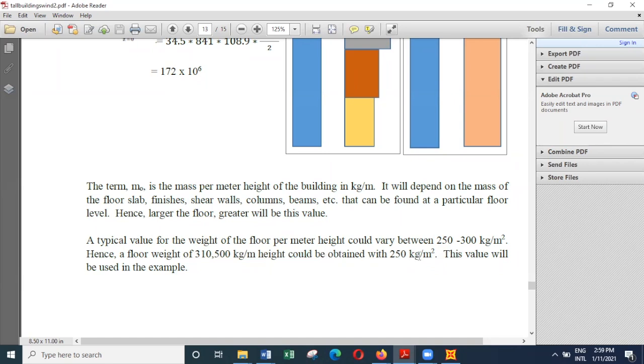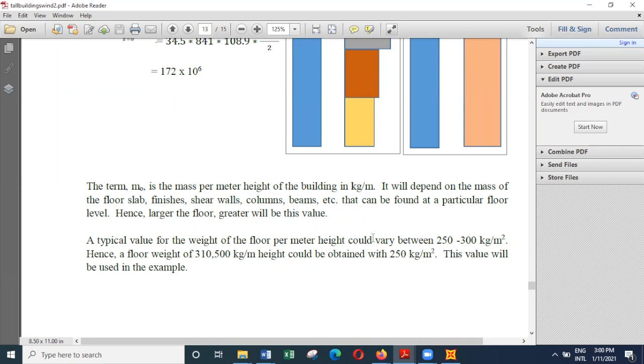This can be obtained by using the 250 kilograms per meter squared per meter height value. So 250 multiplied by 34.5 multiplied by 36 gives you 310,500.